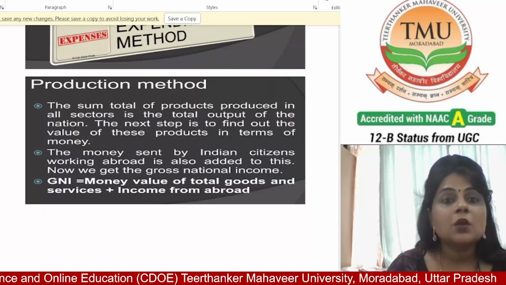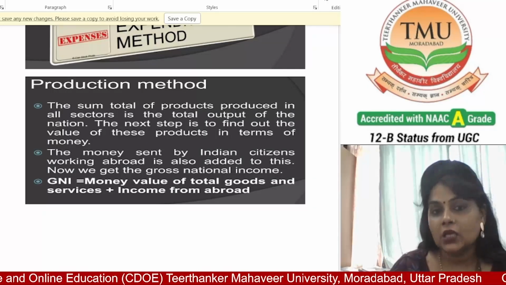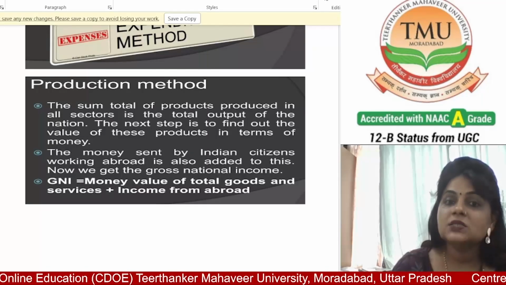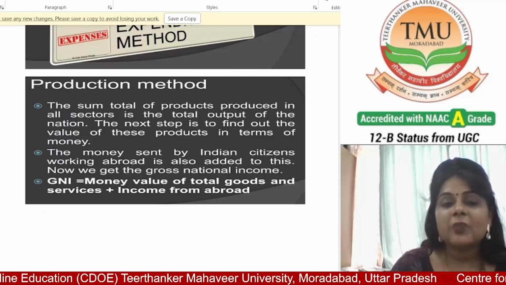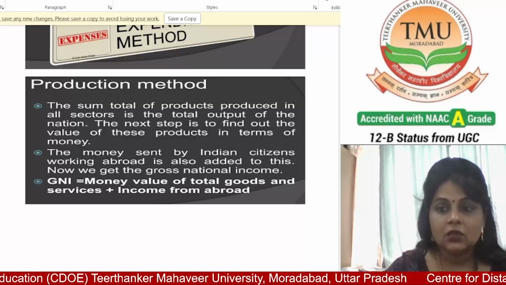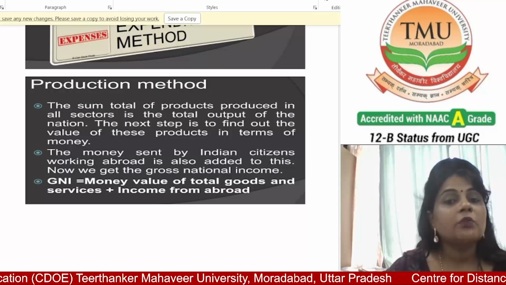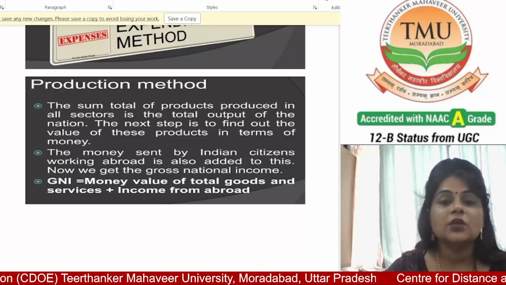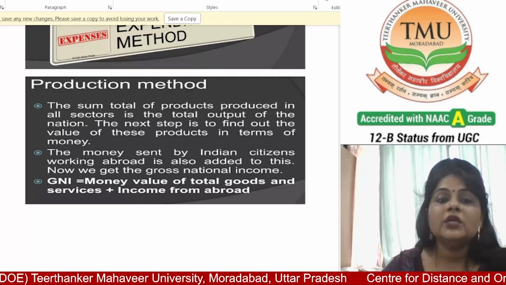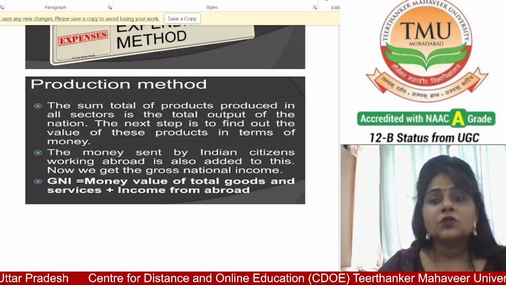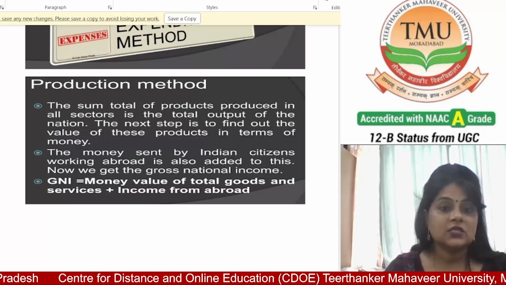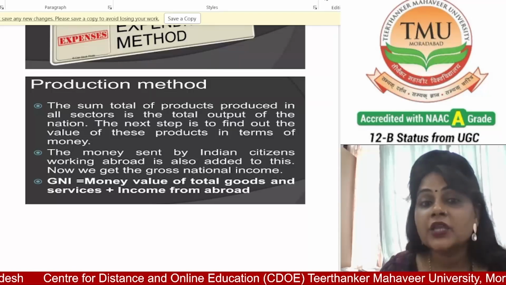The expenditure method is the most common way to calculate national income. The expenditure method formula for national income is C plus I plus G plus X minus M, where consumer spending is denoted by C, investment is denoted by I, government spending is denoted by G, and X stands for export and import is represented as M. So, national income is the aggregate value of all goods and services used by firms in a given financial year.